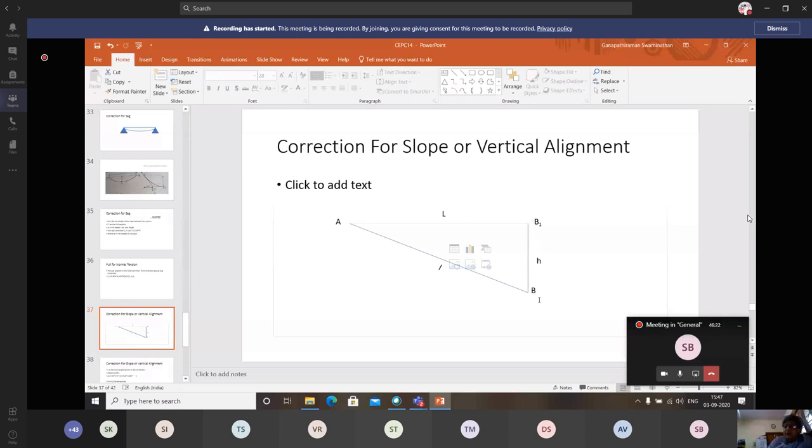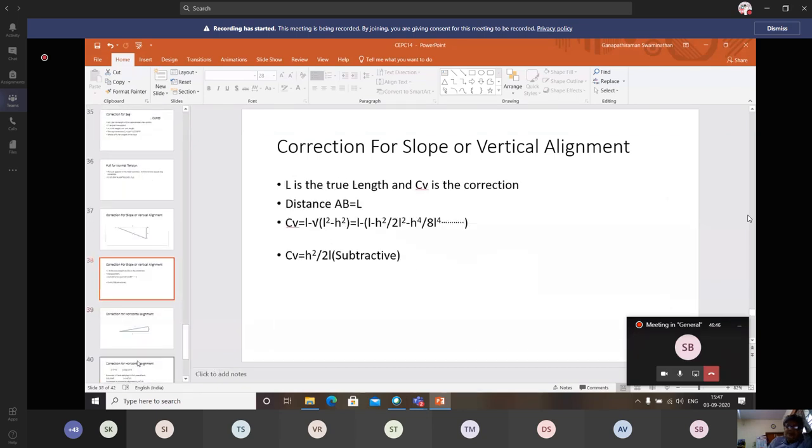AB1 is the length of the line, but normally when you measure along AB, you measure L. The elevation difference BB1 is H.